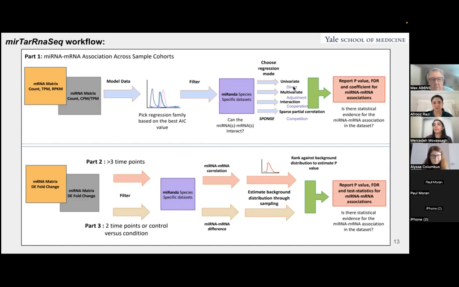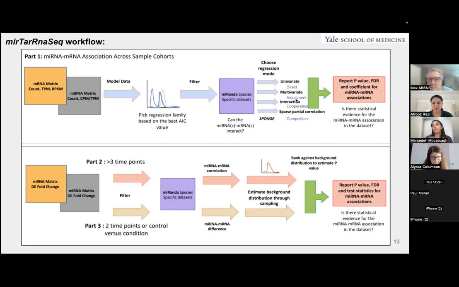And based on the biological question that you have, use an appropriate regression model. So it could be a univariate, multivariate, interaction, or sparse partial correlation. And I'll explain this a little bit more, but if you're asking what microRNA targets what mRNA, you use the direct univariate relationship regression.